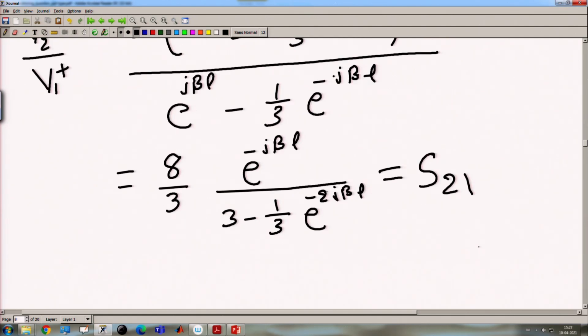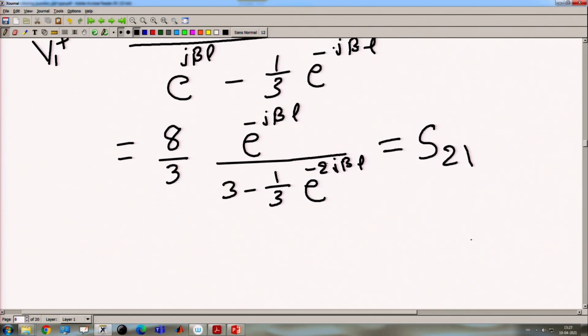So, S12 equals S21, and S21 will equal S12 also.